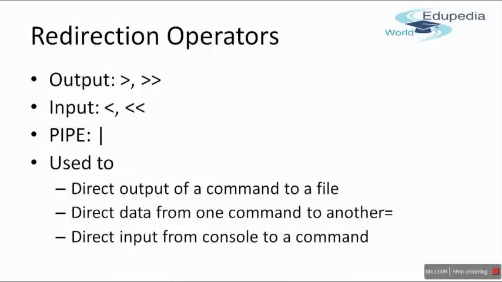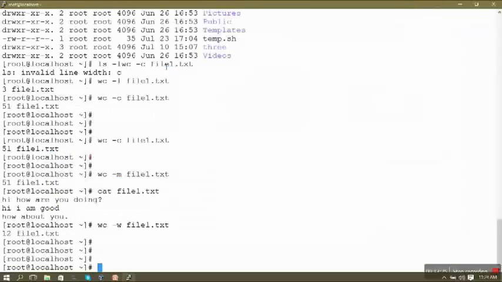And pipe is used to direct the output of the first command to the second command. So the output of the command before the pipe will be directed as an input to the second command. Now we will check it practically, so it will be more clear for you to understand.